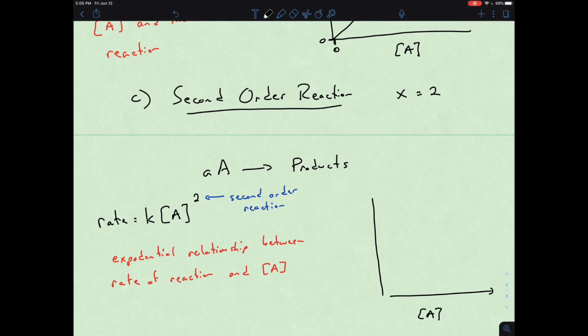If we do the same plot of rate versus concentration, we now end up with this exponential curve like we see here, that it exponentially increases with increasing starting material concentration.